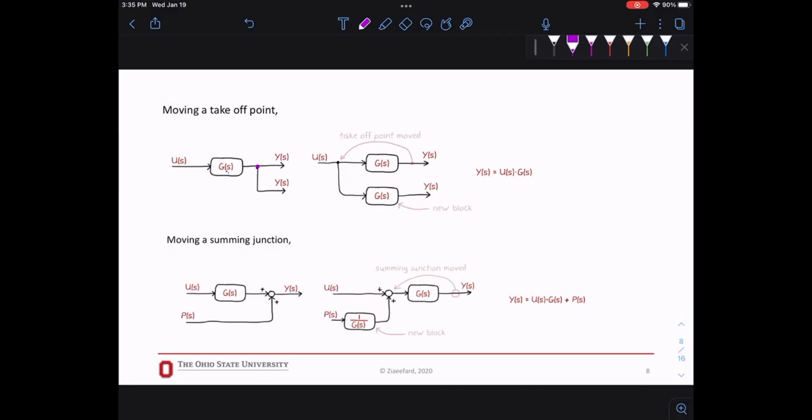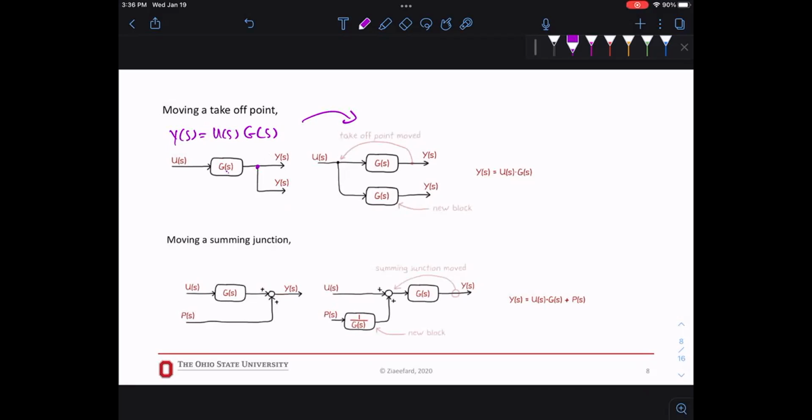The idea is you want to know what Y(s) is, right? So Y(s) from here is U(s) times G(s), correct? And a takeoff point is basically the same signal, you just took a wire and connected a wire. Now, when we move this block, the resulting Y(s) should be the same on both branches.